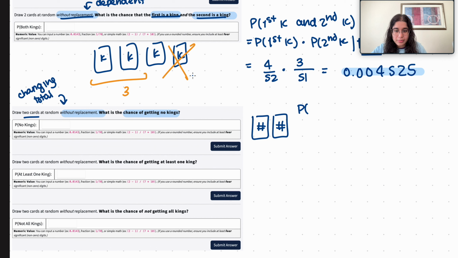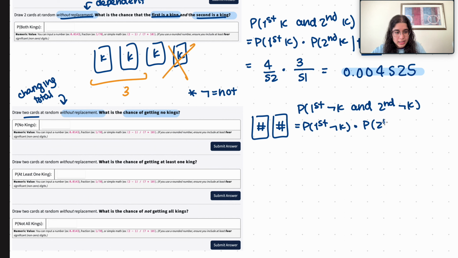So first I'll write my probability statement: first card is not a king, and second card is not a king. Just writing a note here, this symbol means not. So it's the probability that the first card is not a king times the probability that the second card is not a king given the first is not a king.